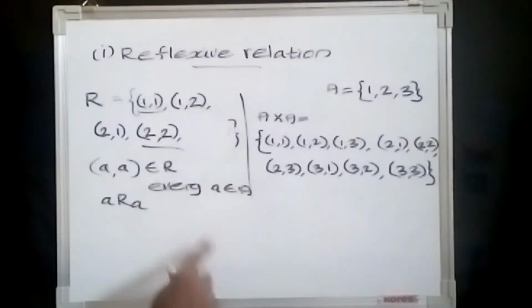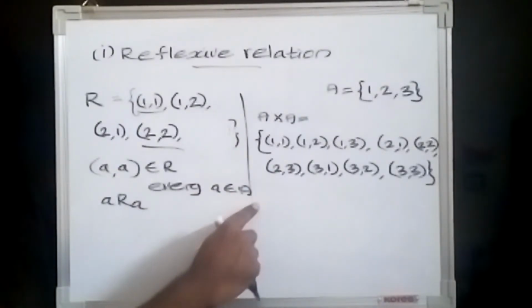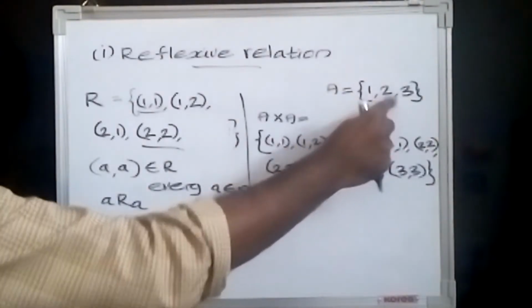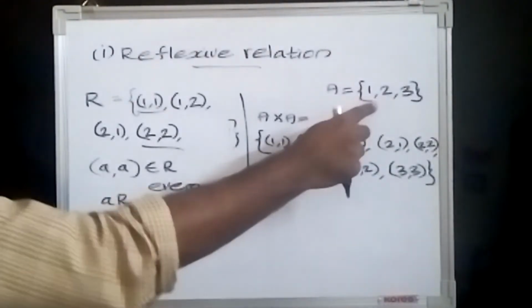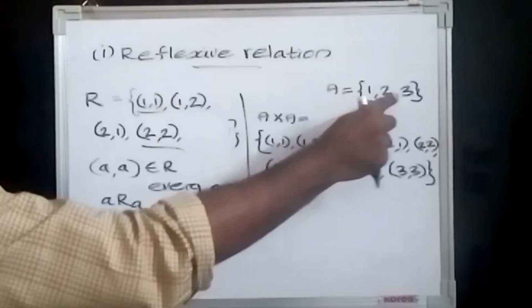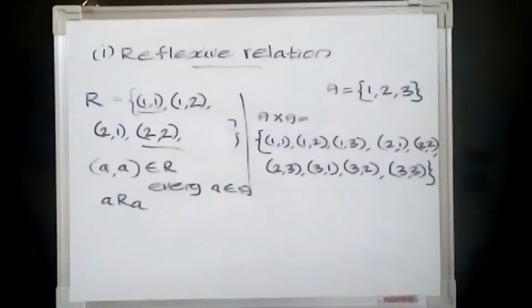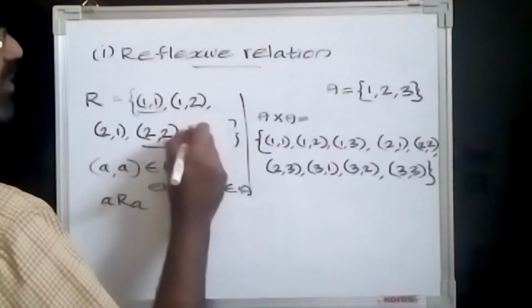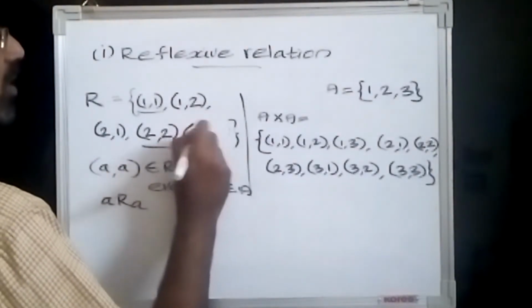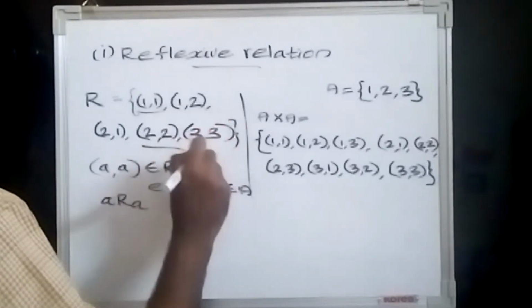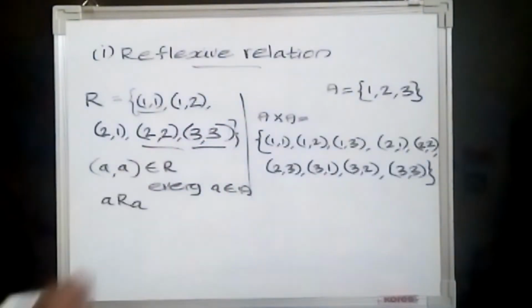We have defined that for every a belonging to A. A has 3 elements, 1, 2 and 3. Therefore, 1 should be related to 1, 2 should be related to 2 and 3 should be related to 3. And it is necessary that there should be (3, 3) for it to be a reflexive relation.